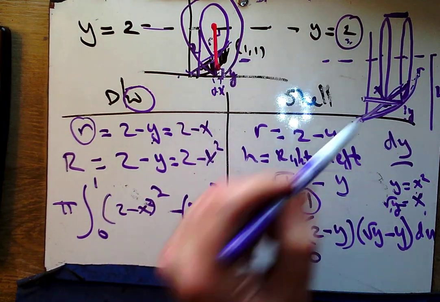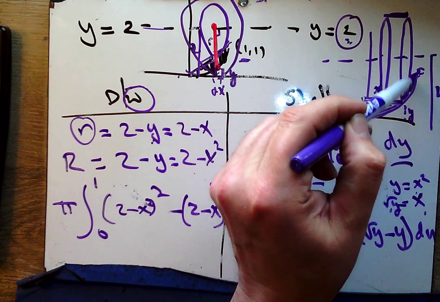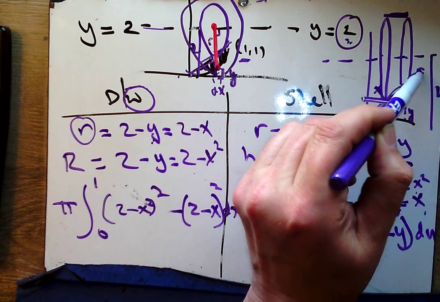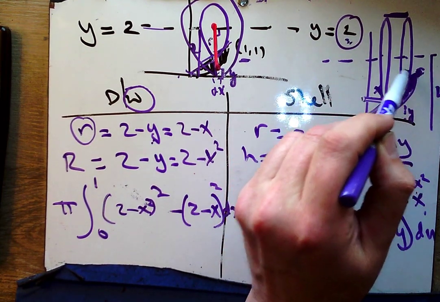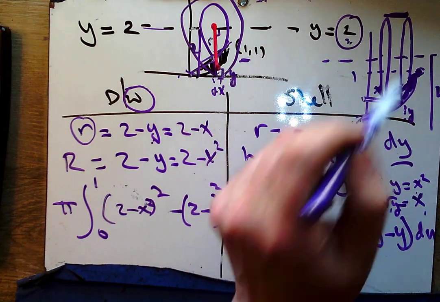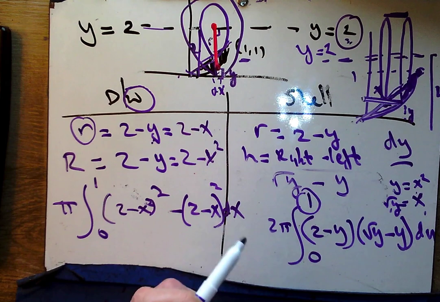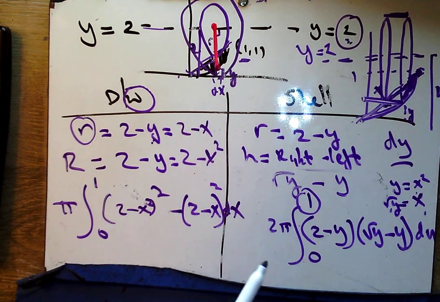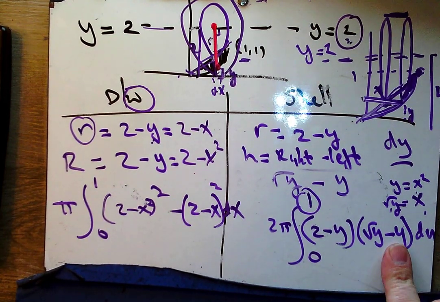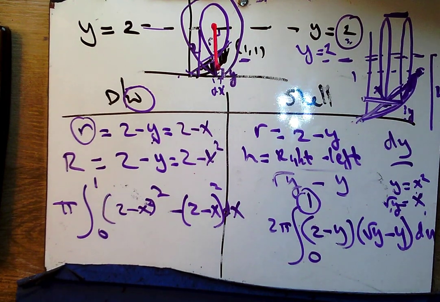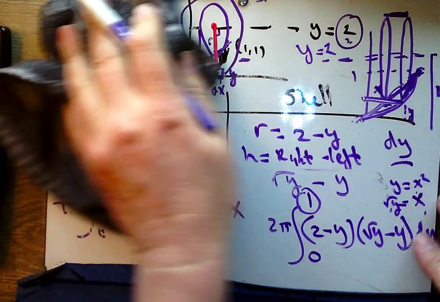This is 1 because we're only integrating the region. The region stops at a y value of 1. We're rotating around y equals 2. Yeah, I agree. That's true. But, yeah. So, radius, height. I like it.